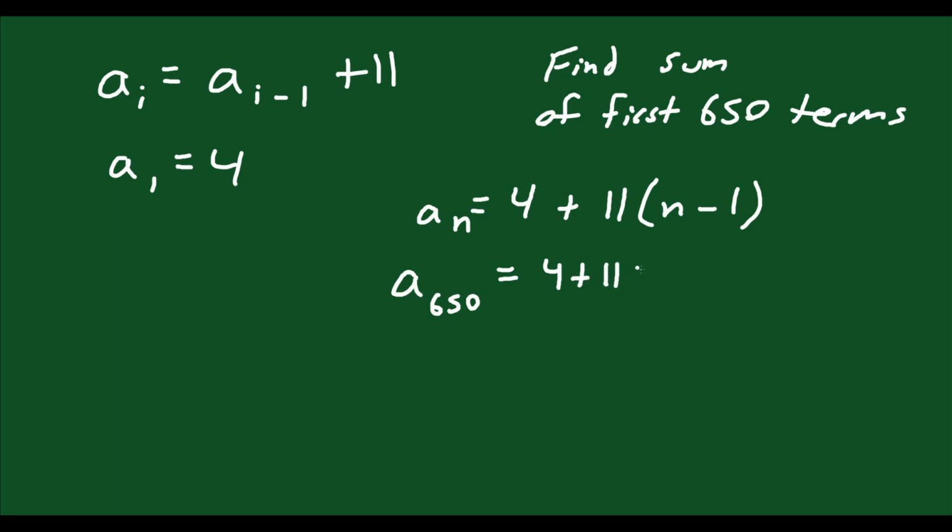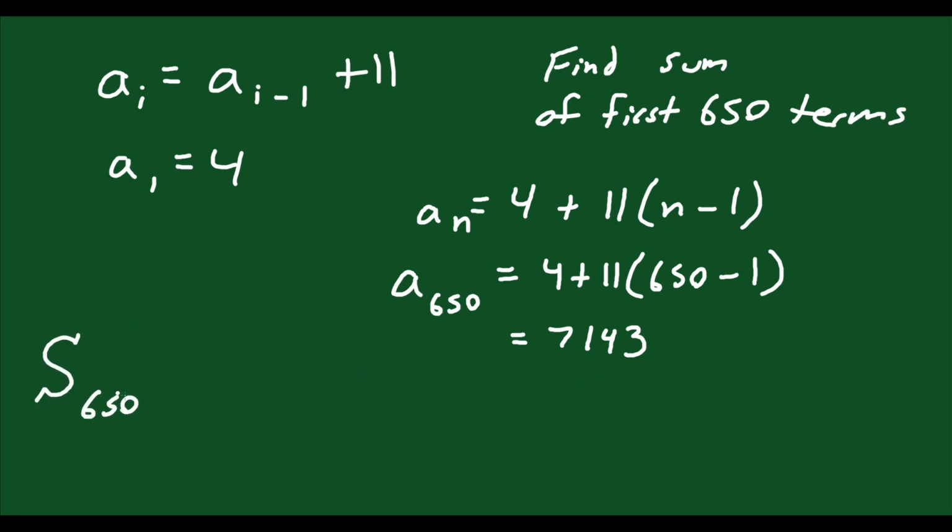So 4 plus 11 times 650 minus 1. Calculate that, you get 7,143. So that's the last term. First term is 4, last term is 7,143. You go up 11 each time. With all that information, I think we can find the sum of the first 650 terms, right?